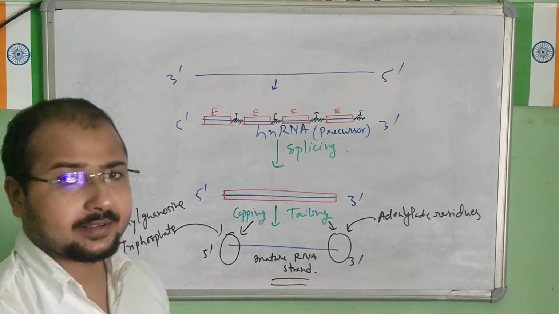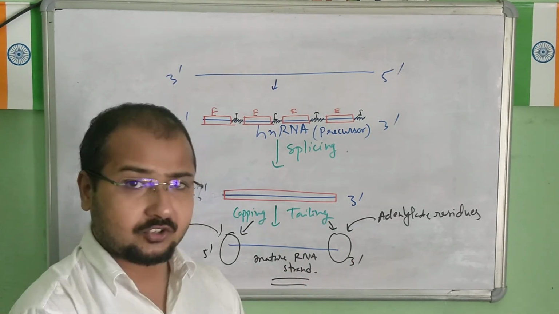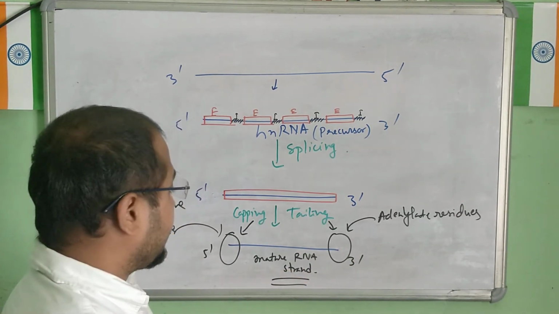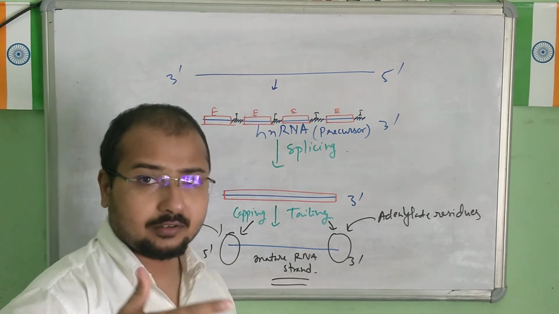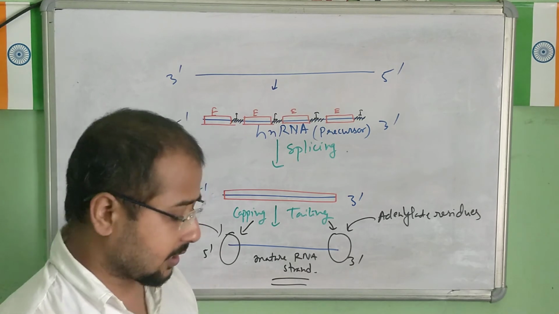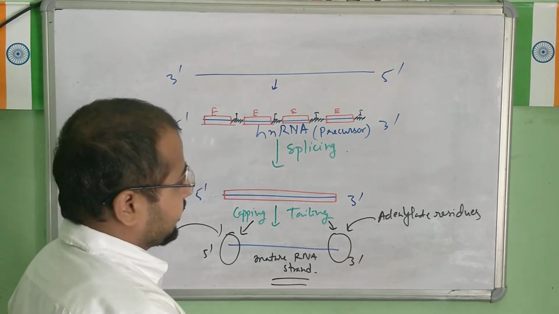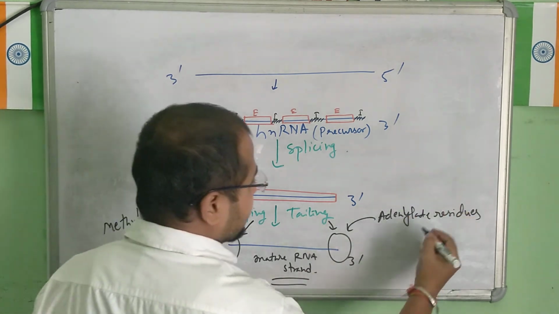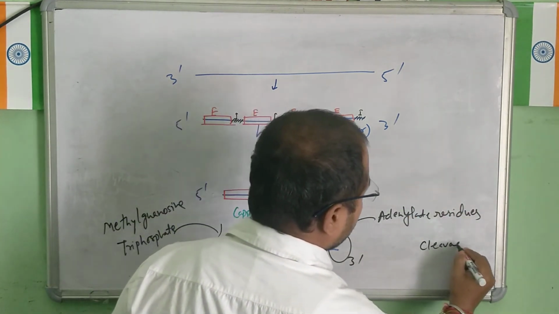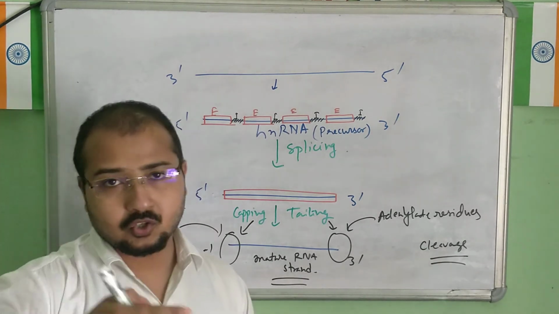Now, in some prokaryotes, if the RNA strand is too long, then it is cut into smaller RNA segments by the process of cleavage. Okay, so some prokaryotes see the process of cleavage also, where if the strand is too long, it is cleaved into smaller segments.